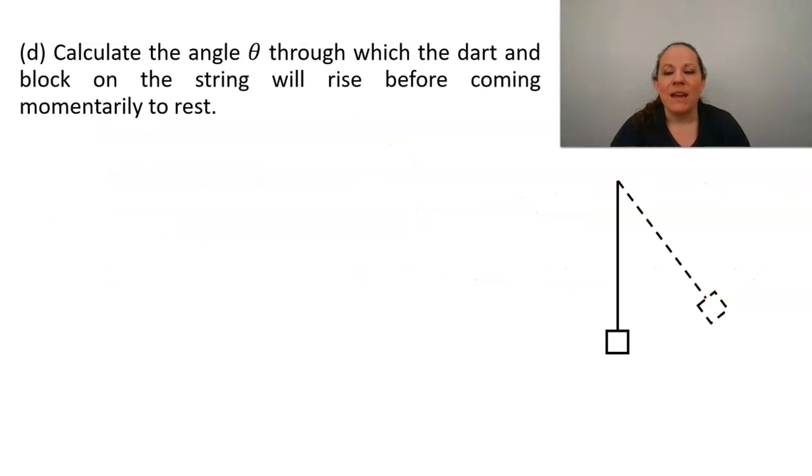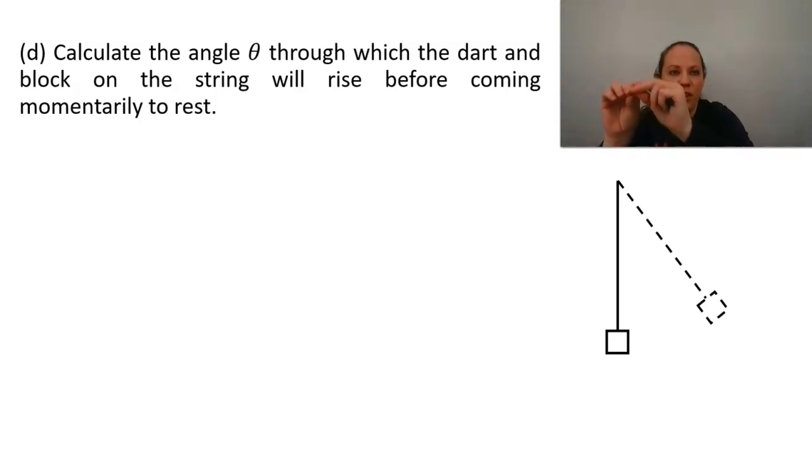Part D, calculate the angle theta through which the dart and block on the string will rise before coming momentarily to rest. So if you recall ballistic pendulum problems, our dart's going to hit our block, and at that moment, we have all kinetic energy of the blocks because we're going to call the lowest point of the block dart combination where it can swing, we're going to call that height 0.